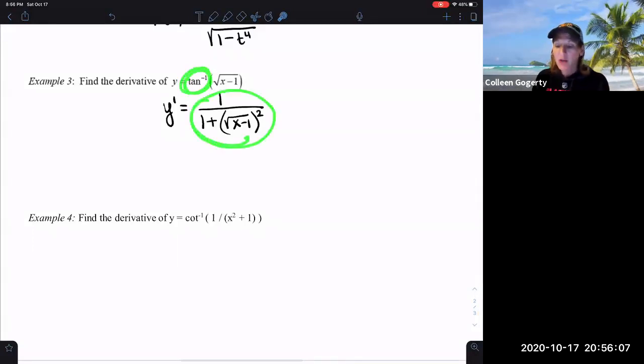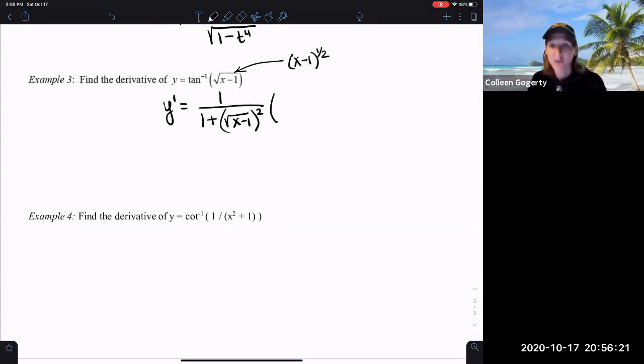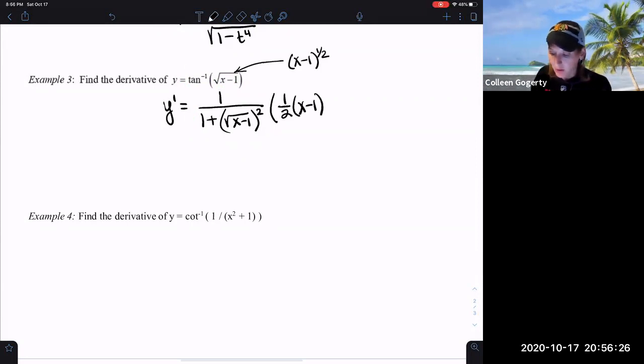Okay, so now I need to take the derivative of the square root of x minus 1. So I'm hoping that we can think of this as x minus 1 to the half. So when I multiply by the derivative of x minus 1 to the 1/2, I'm going to not only use the power rule, but don't forget you technically need to take the derivative of what's inside of here too.